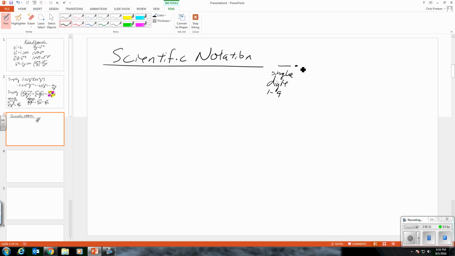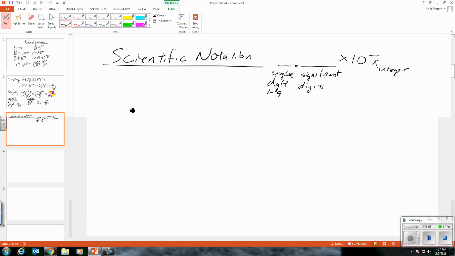And then you usually have a decimal and then some more significant digits. In some science courses, somebody might talk about how to determine what is significant or not. In this course, we're just going to say, if it's not a 0, it usually is significant. And then times 10 to some integer power. So it could be a positive or negative whole number power.